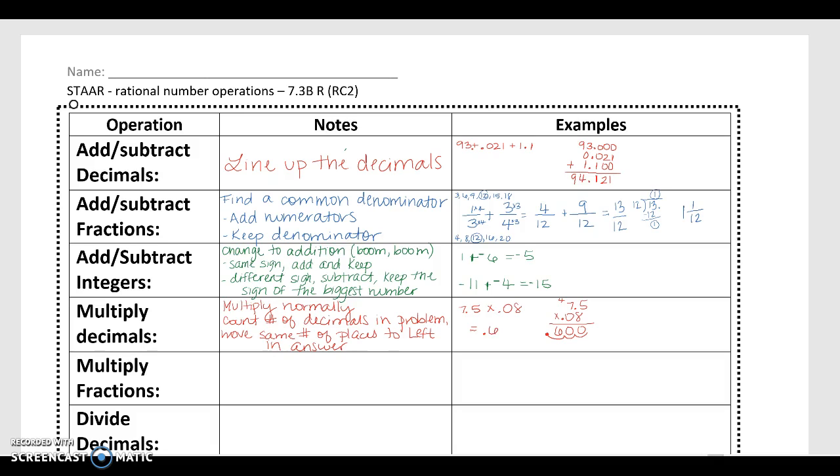Okay. All right. So next one is multiplying fractions. When you multiply fractions, you're going to multiply across the top and then across the bottom.